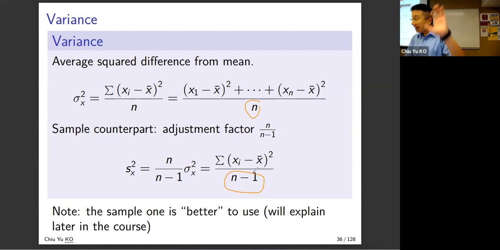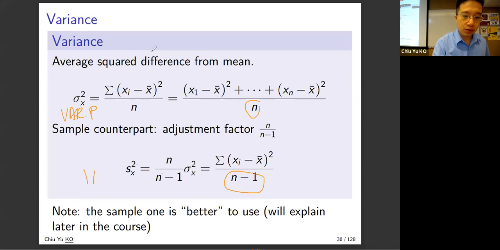But when you collect data, you use the data to try to estimate, or guess, what the sigma square is. You use the S square. Just to remind you, later today, this is the VAR.P and this is the VAR.S, and we will be using VAR.S for our purpose.